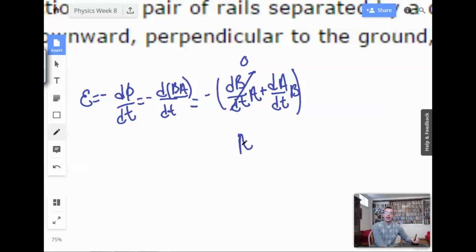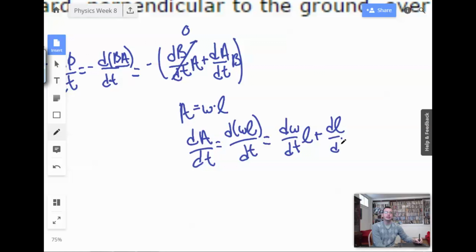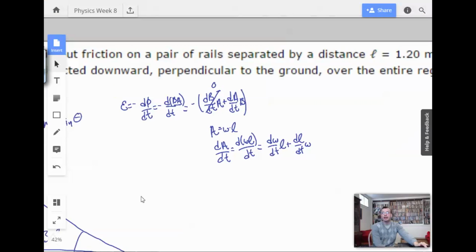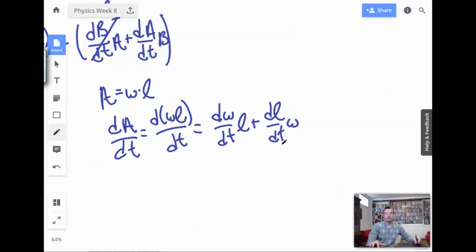And we know that A is going to be width times length, so dA/dt equals d(width times length)/dt, which equals dw/dt times L plus dL/dt times w. L is the length of the rod, so that's going to be constant and that term is going to be 0. So we're going to have dw/dt times L, which equals velocity.